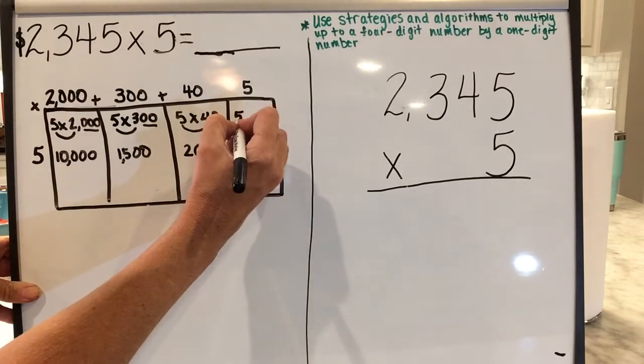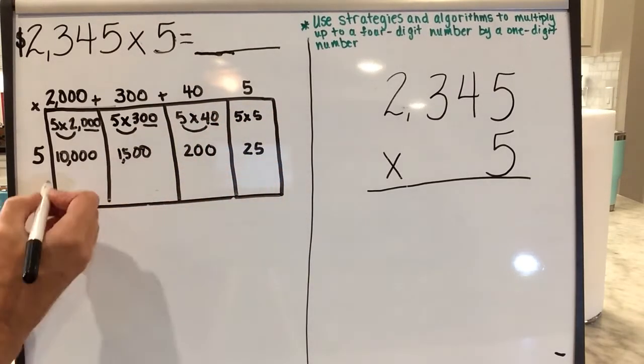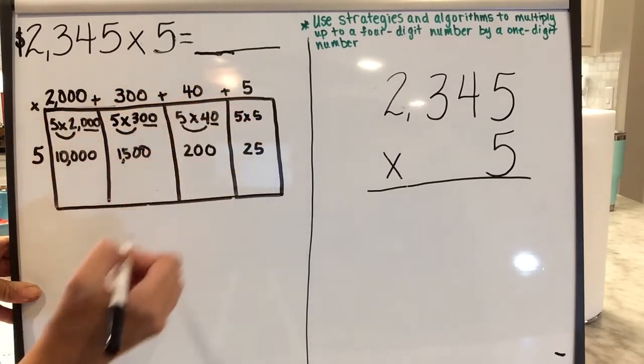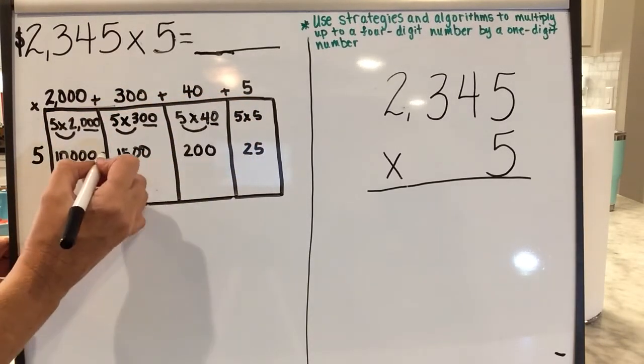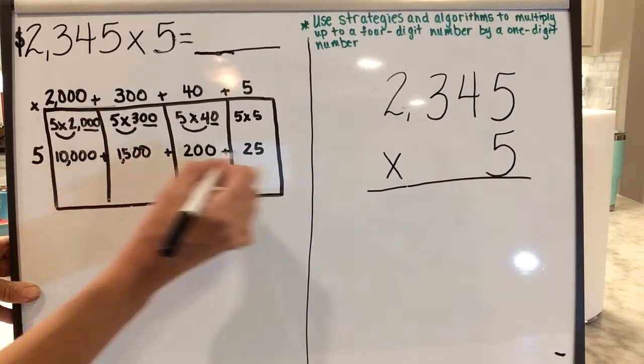And now the last one is 5 times 5, and that's 25. So now, because we had expanded form and we had our plus signs between each one where we broke it down, we're just going to add up each of our partial products here.